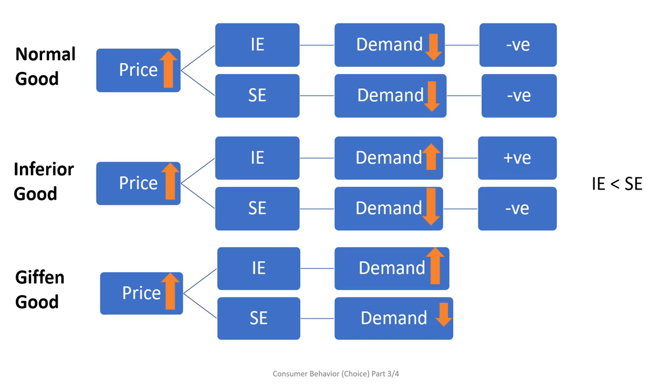However, in case of Giffen goods, the income effect dominates the substitution effect. Therefore, the overall impact of an increase in price is an increase in the quantity demanded. Here again, the income effect is positive and the substitution effect is negative.